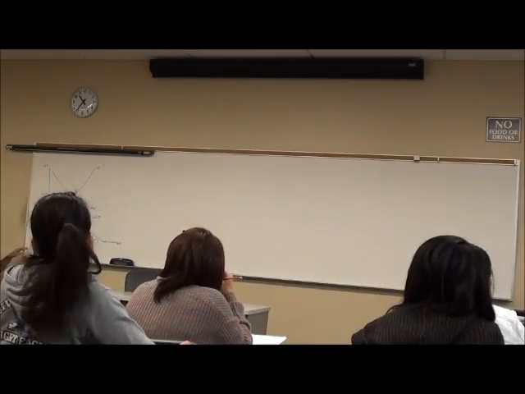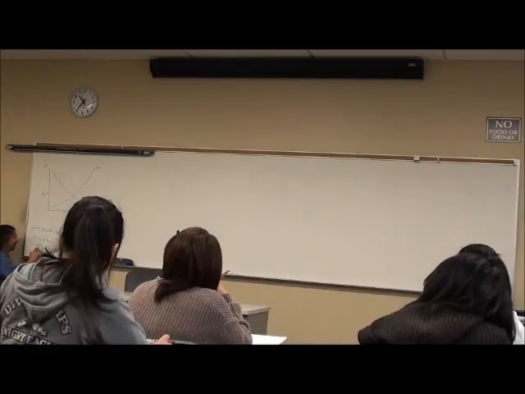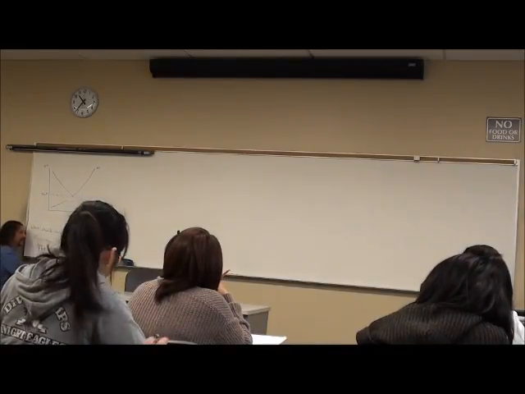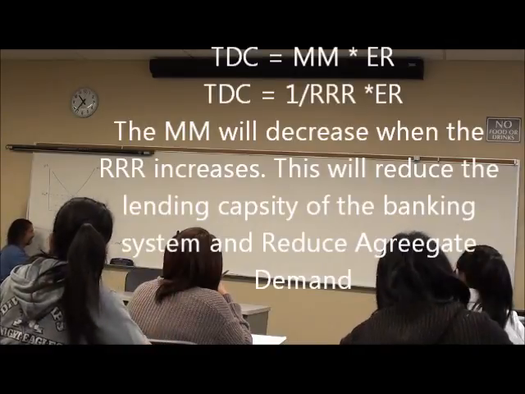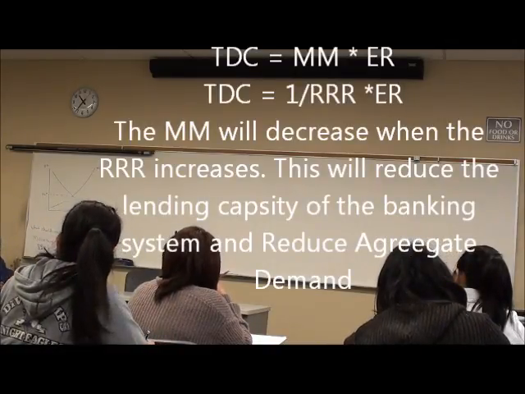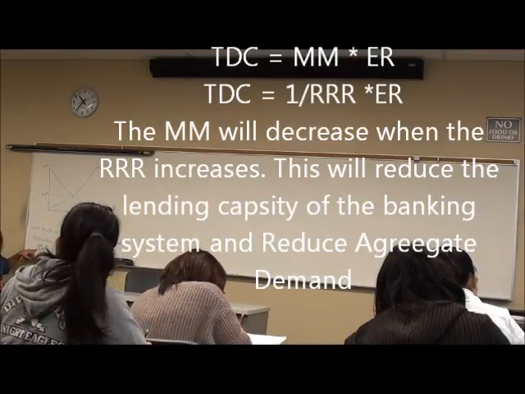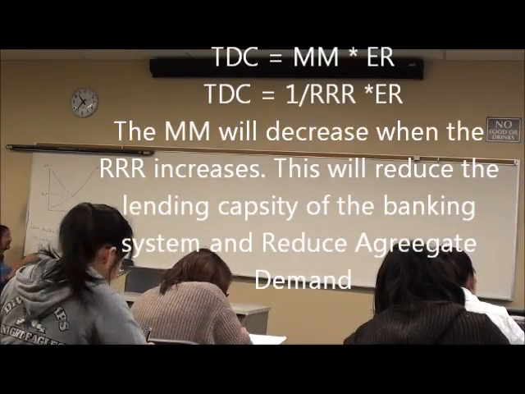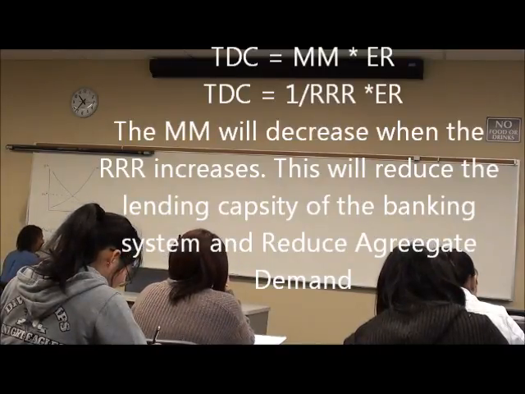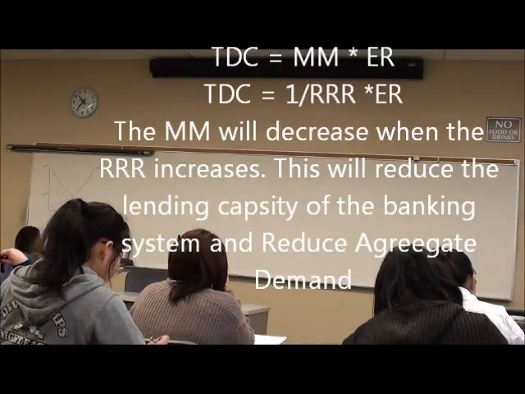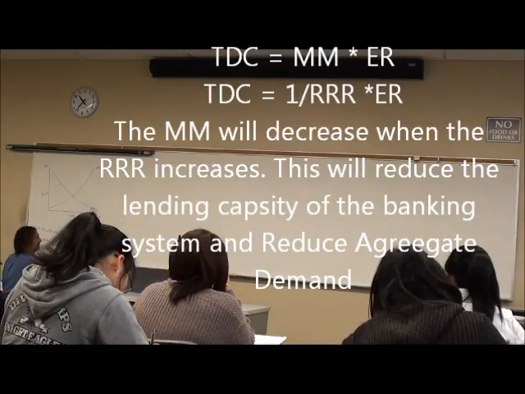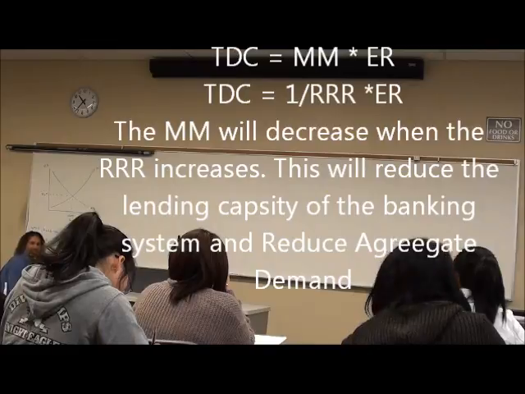Then in this, I might want to say, okay, if I know the required reserve ratio is increasing, I might want to trace out something like total deposit creation. So from chapter 13, if you change this thing, this changes the capacity of the bank to lend money, and that's captured by this, which is related to the money multiplier times excess reserves.